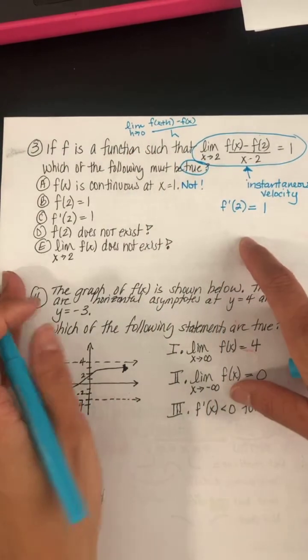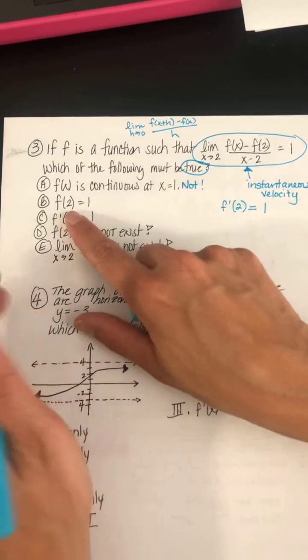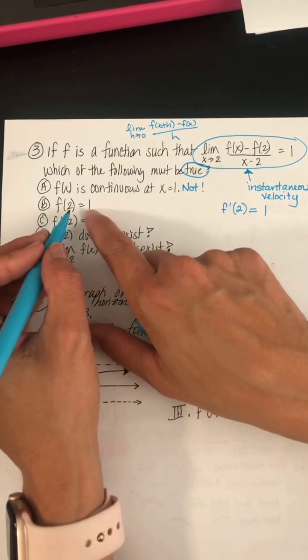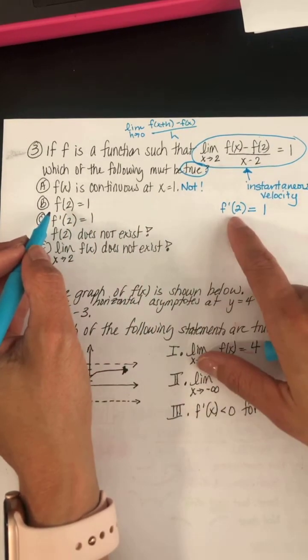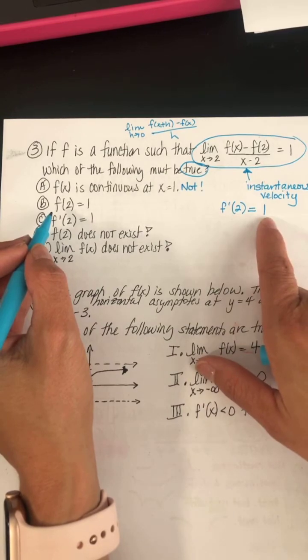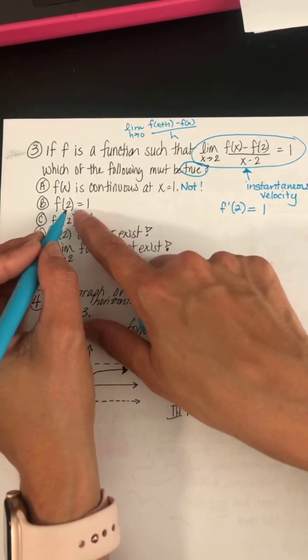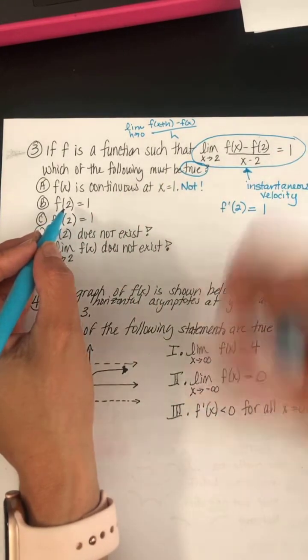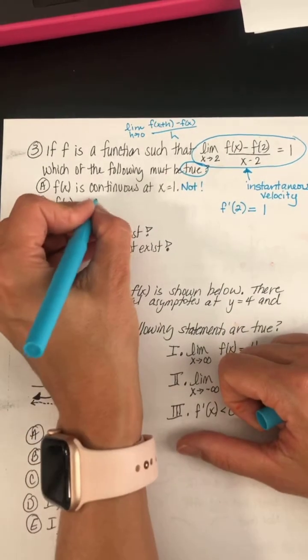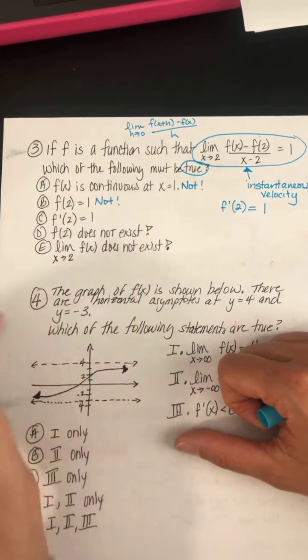If I don't know, then it's not true. All right, f of 2 equals 1. Well, I know that the derivative at 2 equals 1, but I don't know what the y value is when x is 2. This information didn't give me any of that. So since I don't know, it's not true.